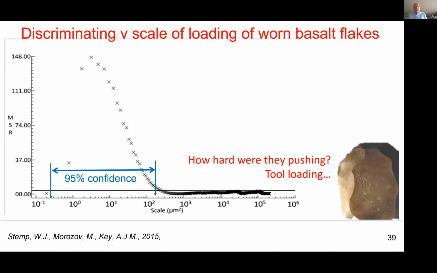And so here we're looking at discriminating tools that were used with different tool loading. And so here's the mean square ratio. So I don't know what material they were working against, but basalt makes a nice sort of knife or scraping thing because it breaks, as you can see, something like glass, which it kind of is.